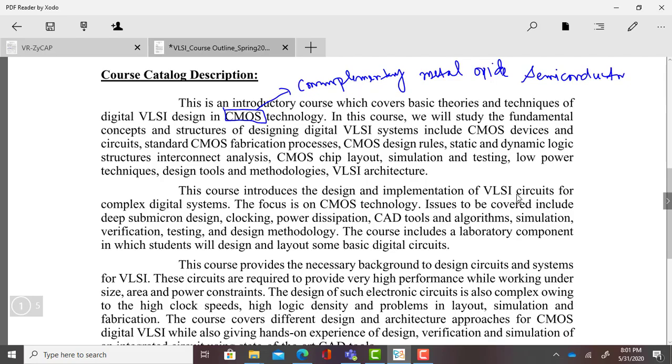Complementary means opposing, and why is it called metal oxide semiconductor? Because these CMOS transistors are designed with a layer of silicon dioxide and a metal above. So these are called CMOS logic.